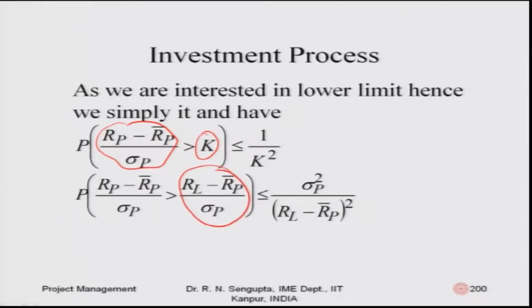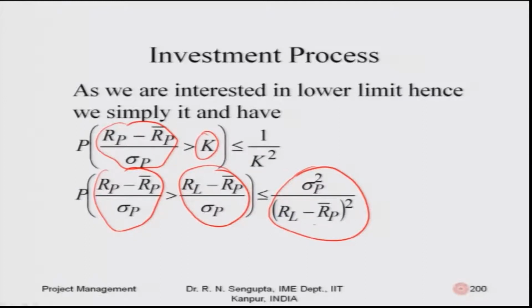RL minus RP, whatever we have considered, RP or RF, whatever it is. I am normalizing the RP value with respect to its mean value and standard deviation. I have normalized the RL value with respect to the mean of the portfolio of projects and the portfolio's standard deviation. So, this value comes out to be less than or equal to sigma square p for that particular portfolio of projects divided by the differences.